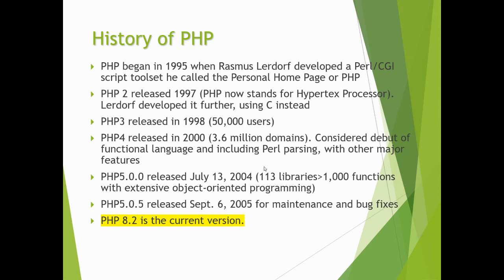Sometimes people call it preprocessed language. So after 1995, PHP released its second version in 1997, then the third in 1998, the fourth release comes in 2000, and you can see the current version is PHP 8.2. Okay. So moving to the next slide.